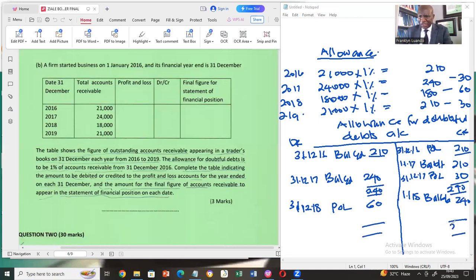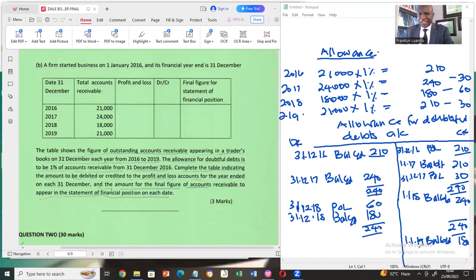So the balance here is total 240. Total there 240. At the year end, what is the balance? 180. The balance carried down is 180, which becomes the opening balance in the following year. The following year will be 1st January 2019. The balance brought down 180.